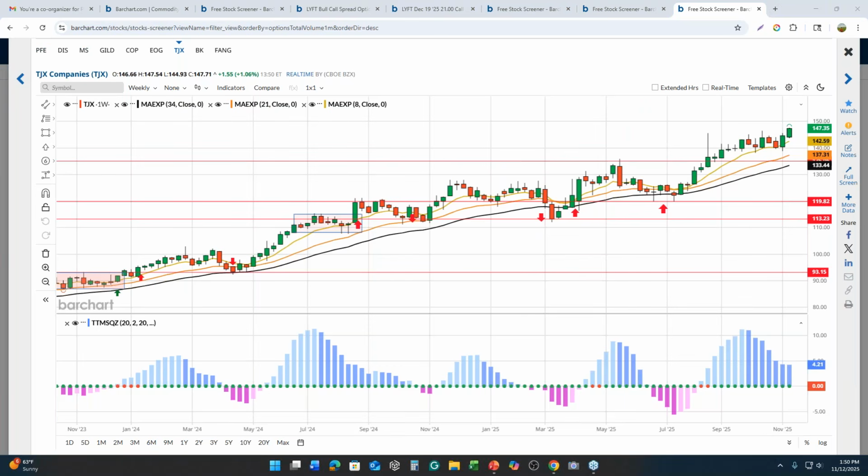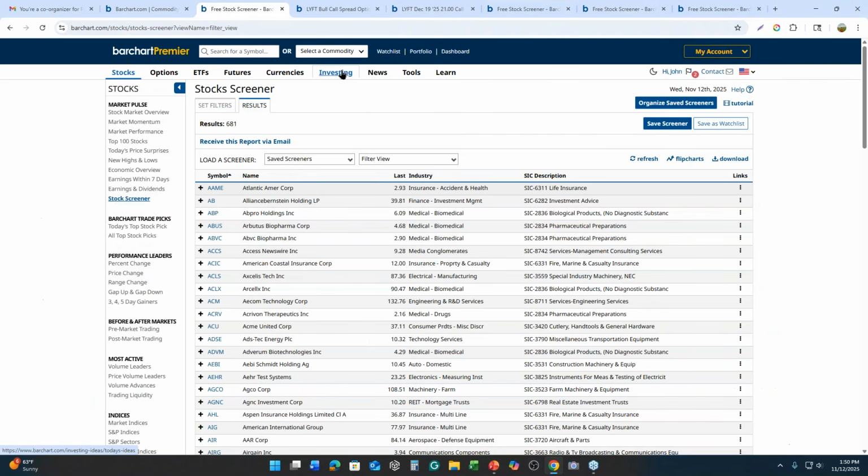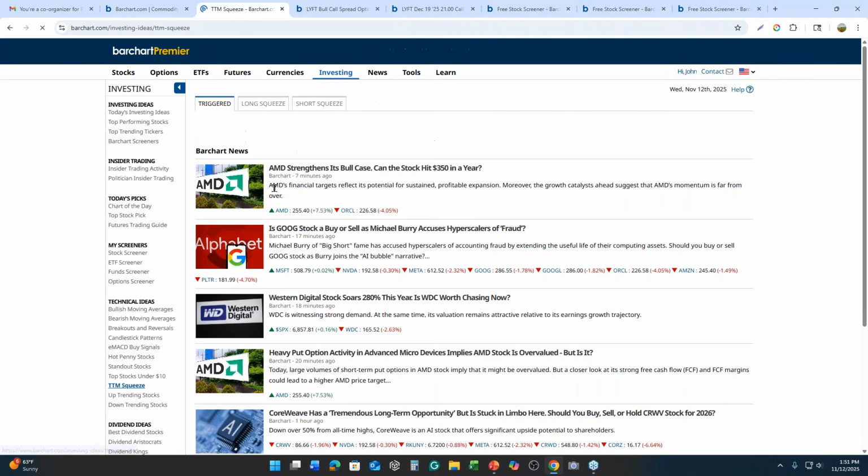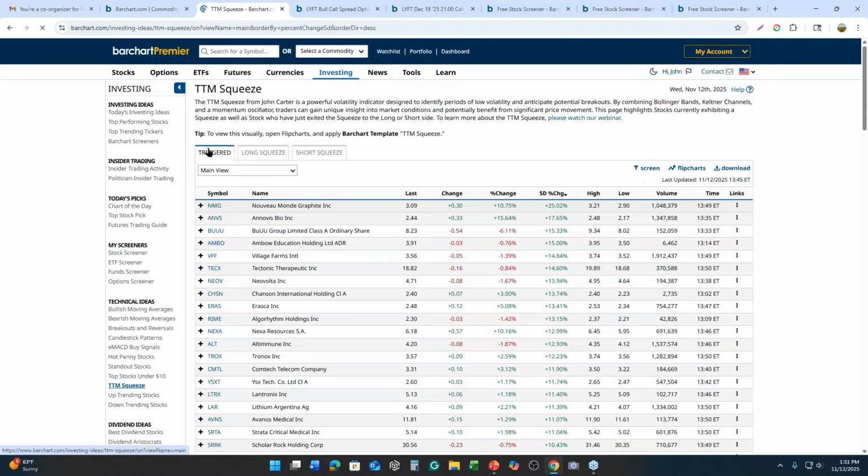The squeeze triggering, bear, bull on the screen, or how do you interpret them? So again, when we talk about the TTM screener itself, remember the trigger is the red dots, where the Bollinger Bands are inside the Keltner.